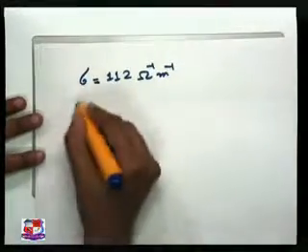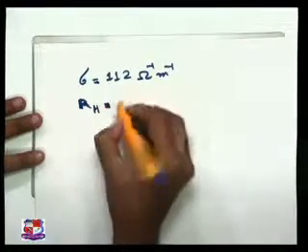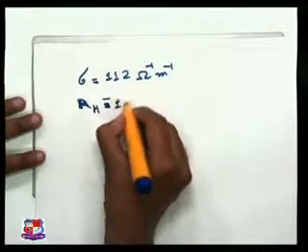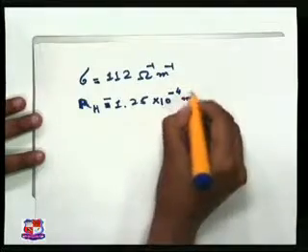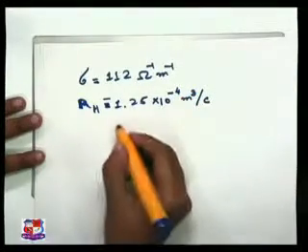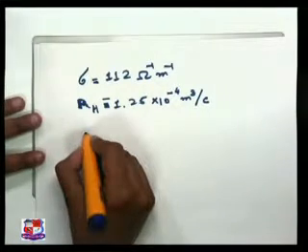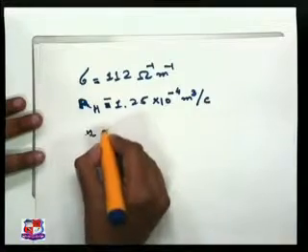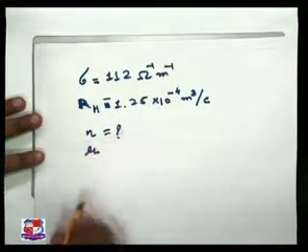The Hall coefficient R H of the given material, which is an n-type silicon material, is 1.25 into 10 raised to minus 4 meter cube per coulomb. We have to find out the charge carrier density N and the electron mobility mu.